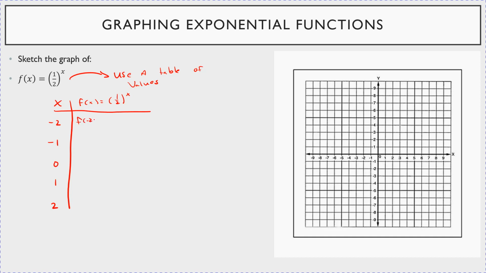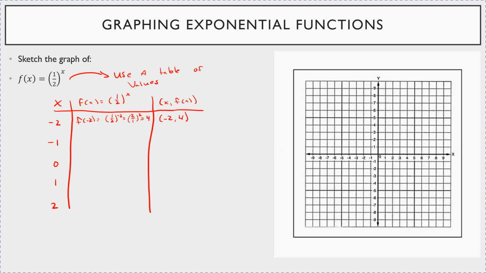So f of -2 would be 1/2 to the -2 power, which, remember your rules of exponents, is the same thing as 2 over 1 squared, which is just 4. So my first plotted point here is -2, 4.